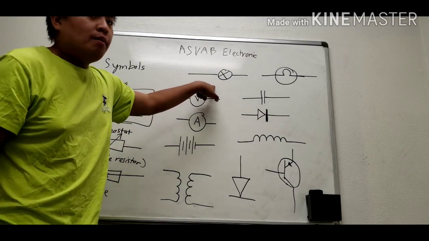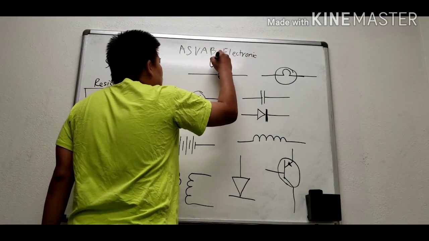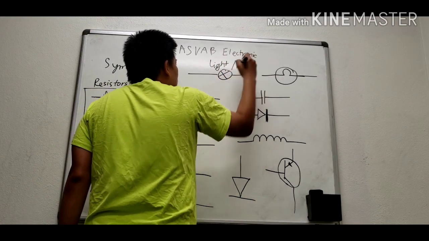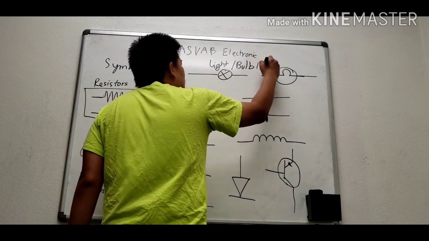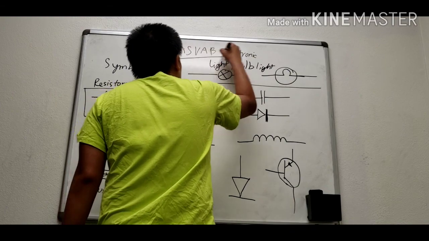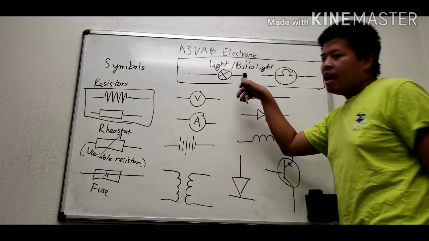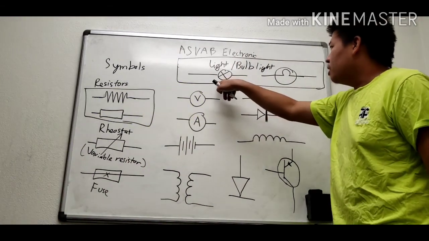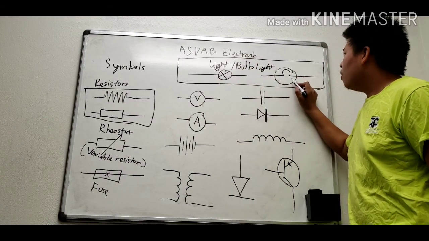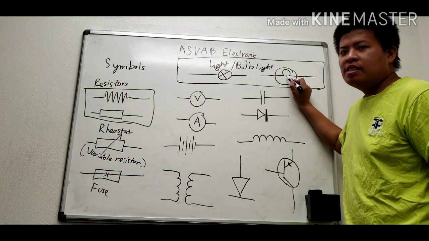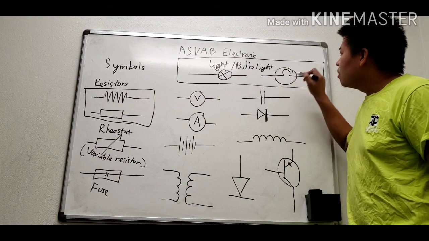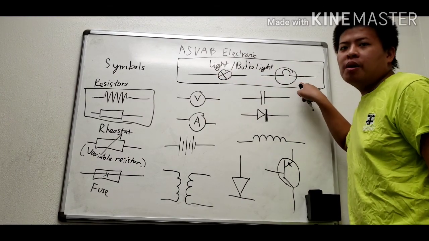The next one is the light, or maybe the bulb too. Two symbols here have the same purpose. For example, a circle with a cross, and another circle with an omega inside. That is the light or the bulb.